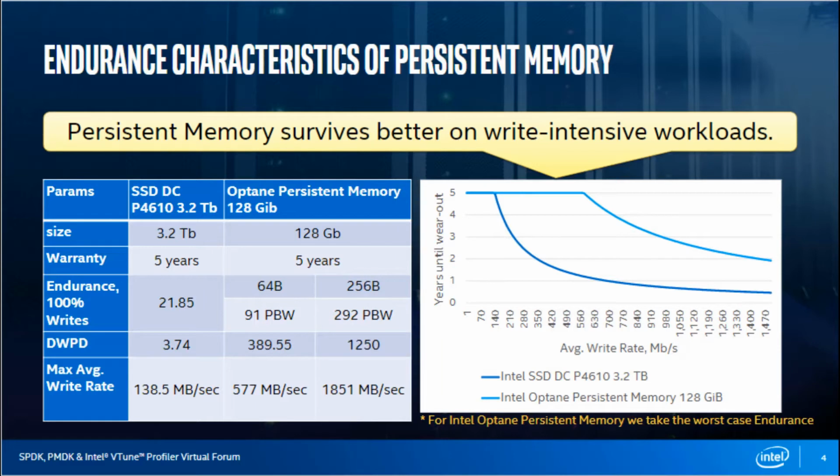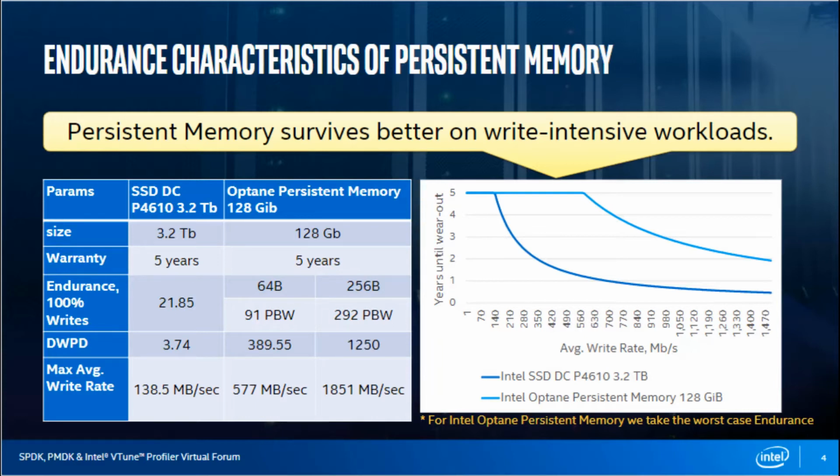Usually when we talk about endurance, it is described using two characteristics which can be calculated one from the other. The first one is endurance, and usually it's exposed as the amount of petabytes that can be written to the device before it wears out. I hope you know that the lifespan of a storage device is limited by the number of writes we can do to this device.